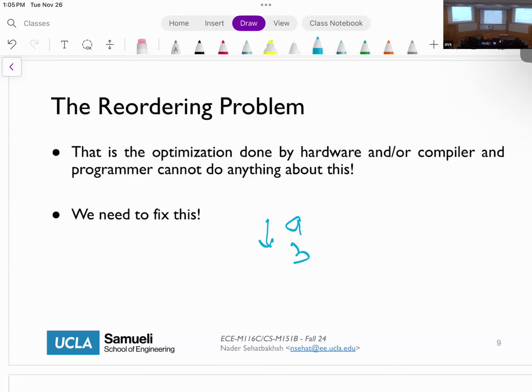This is the problem that the hardware has to fix, because this is not something that the software can anticipate or know about. It is kind of similar to the out of order problem or the pipelining problem. So we have to first fix this problem, then go to the second problem.